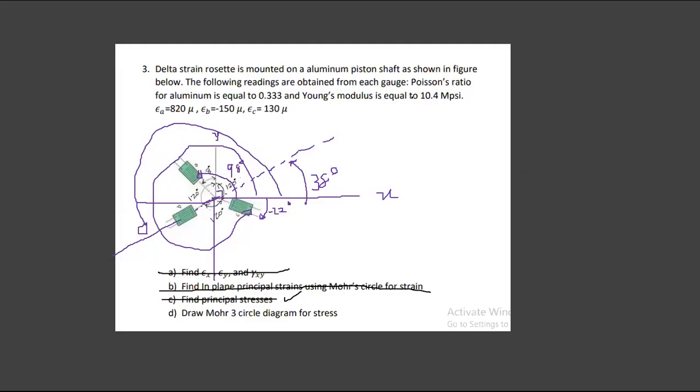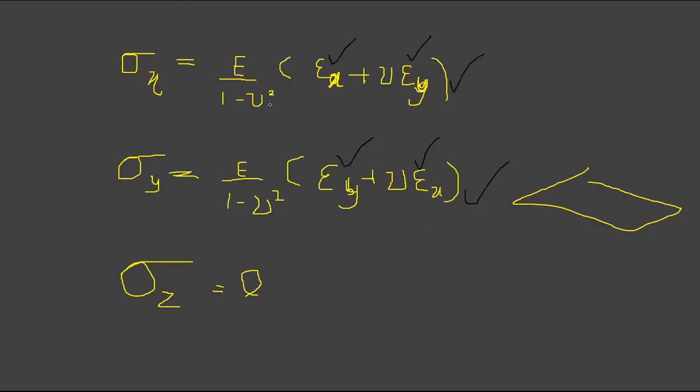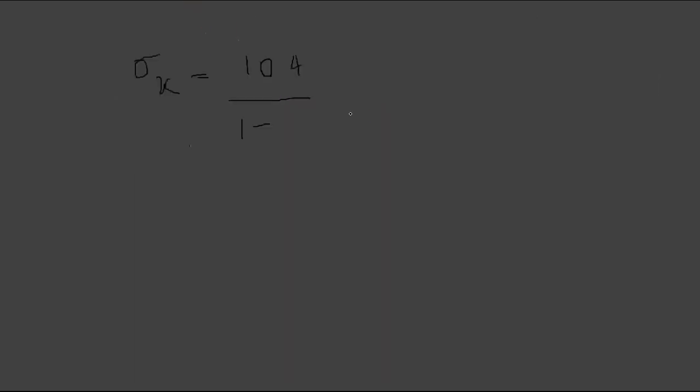This is the equation, I'll show you again: E over 1 minus mu squared, epsilon x plus epsilon y.